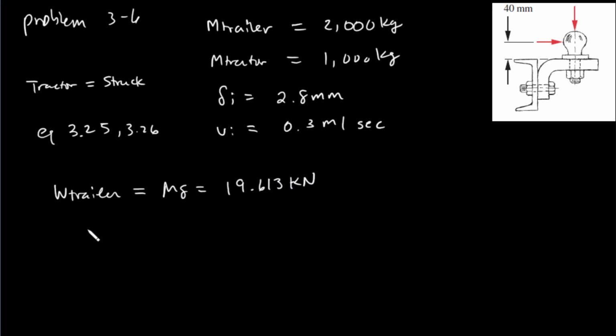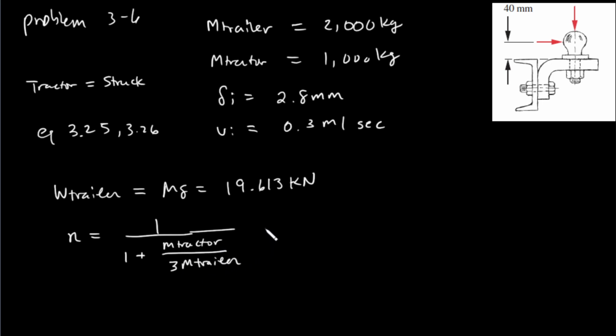We need to find our eta, our correction factor, which is related to the ratios of the masses of the objects. And that comes from our expression here, where we have 1 over 1 plus the mass of the tractor. That's our struck mass, over the striking mass, which is the mass of the trailer.